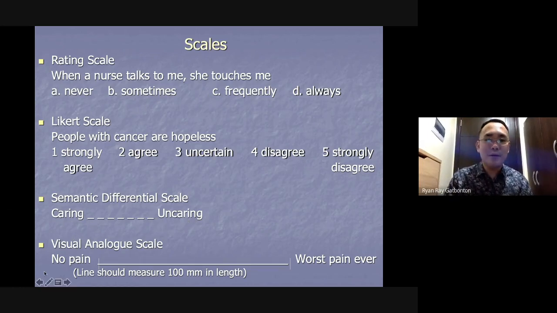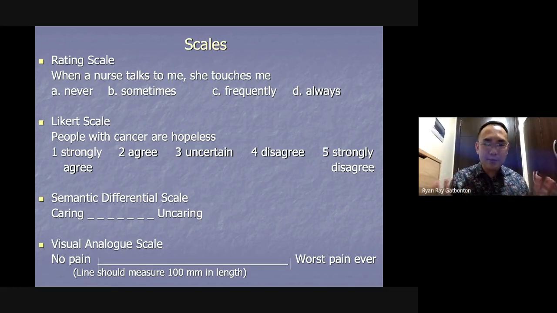So, for example, what is the attitude of your nurse? There are two bipolar adjectives on this semantic scale, which are caring and uncaring on the other hand. So this will be the line between them, and you will ask your respondent to check kung saan mas malapit yung characteristic ng nurse niya. So that is a semantic differential scale.